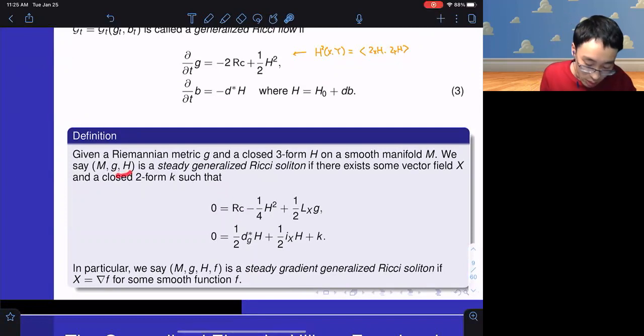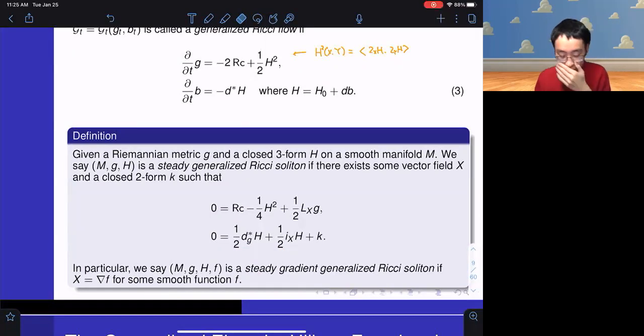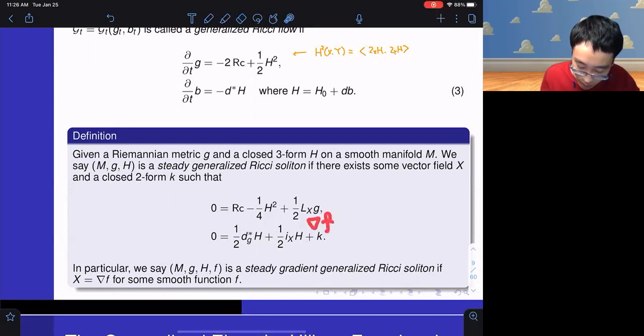We say that (M,g,H) is a steady generalized Ricci soliton if there is some vector field X and a closed 2-form K such that 0 is Ricci minus 1/4 H squared plus 1/2 L_X g, and 0 is 1/2 d star H plus 1/2 i_X H plus K. In particular, we say our soliton is a gradient generalized Ricci soliton if X is gradient f for some function f.